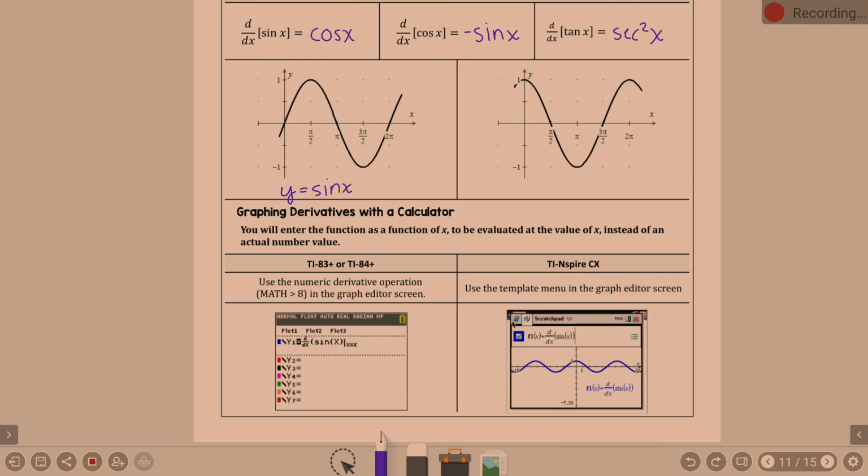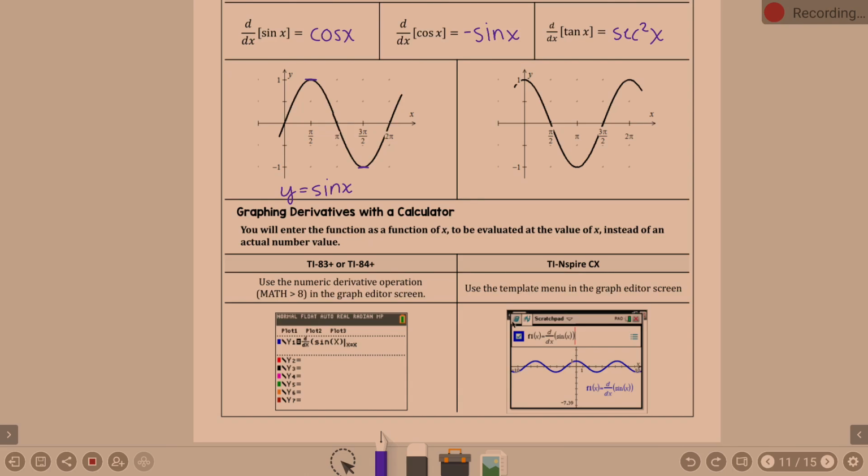And the idea here, if we think about this: on sine x, we have a max and a min, yes?